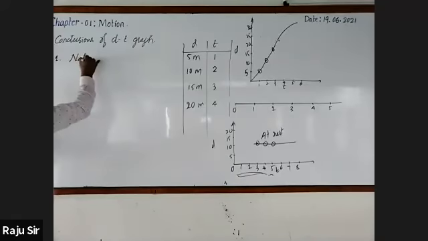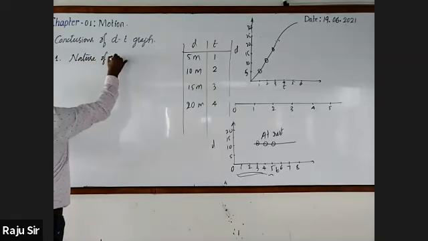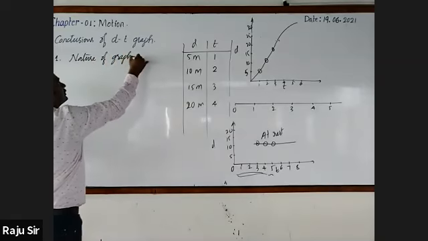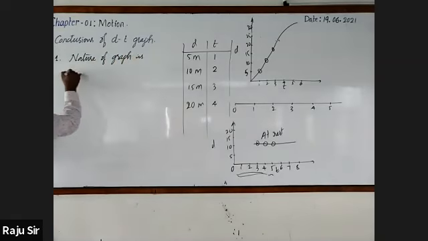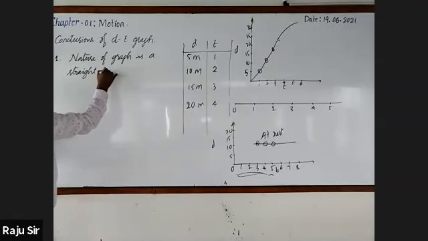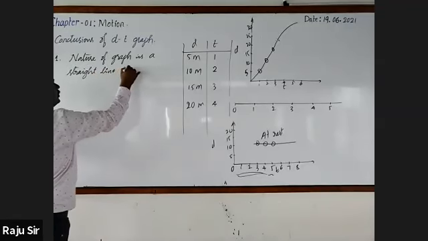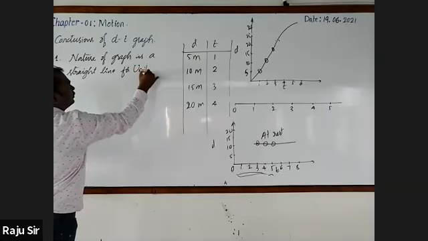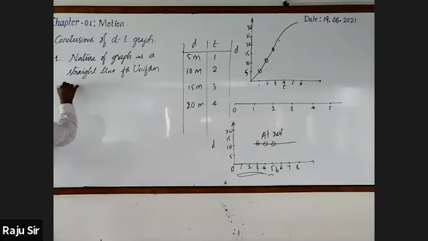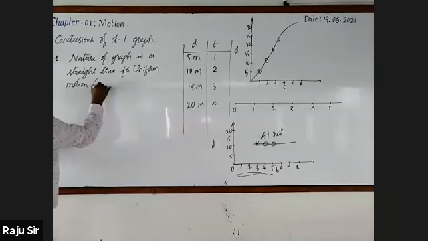Nature of graph is a straight line for uniform motion. In bracket you can write uniform velocity or constant velocity.